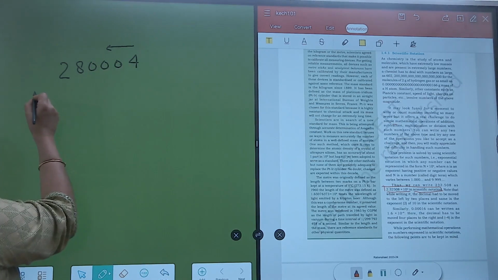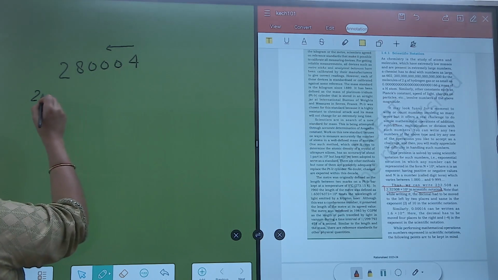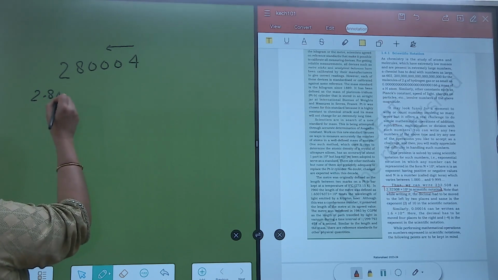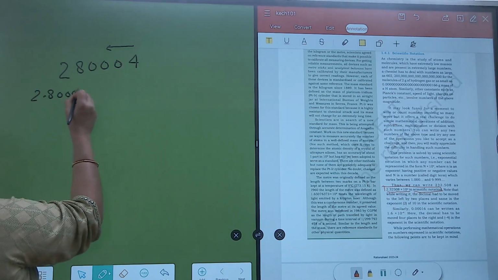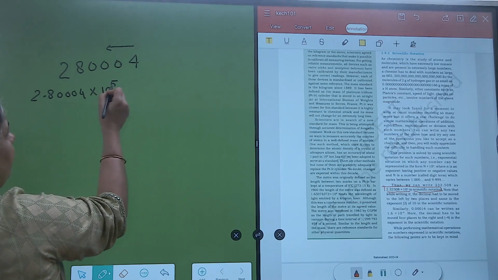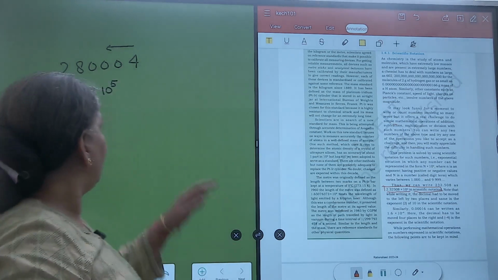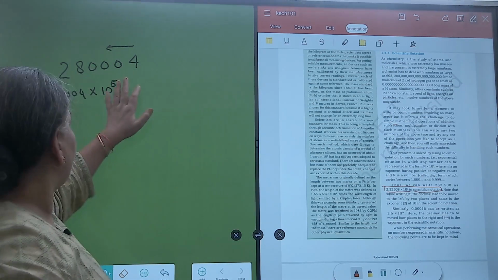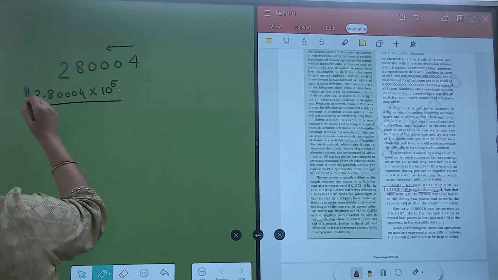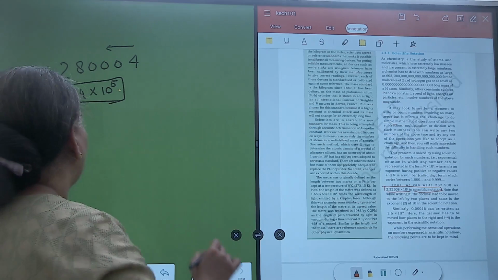We move 5 places, so we write 2.80004 into 10 raised to the power 5. That is, if you are moving towards the left, then we increase the exponent, so 10 raised to the power 5 here. This is the faster way of doing it and remembering the rule.